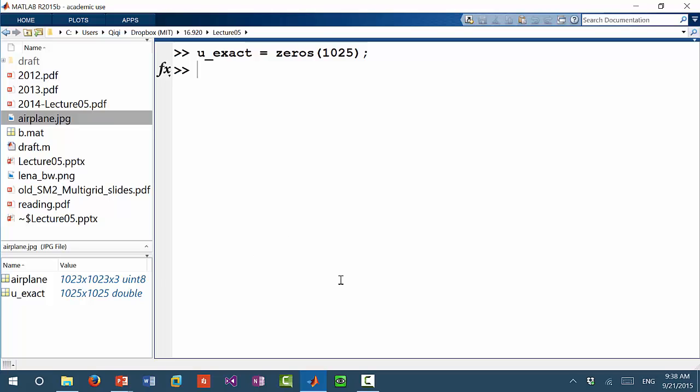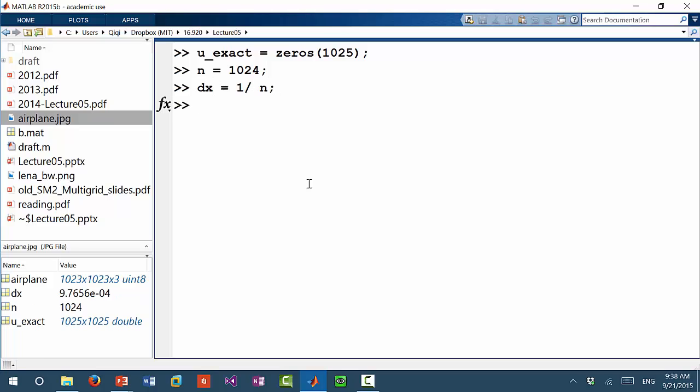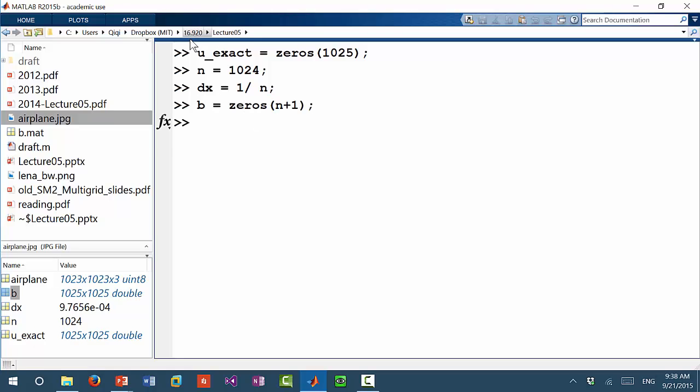Let me code up my B. I'm going to say n is equal to 1024, that's the size of the grid, and dx is equal to 1 over n. B is equal to zeros of n plus 1, which is the same size as U exact.